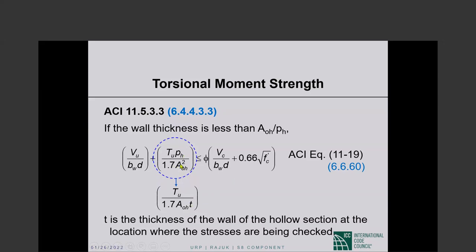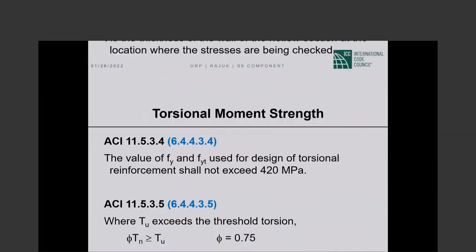You take A sub 0 h divided by P sub h equal to the wall thickness if it actually is less than the wall thickness. That's all we are saying. This is again a detail.